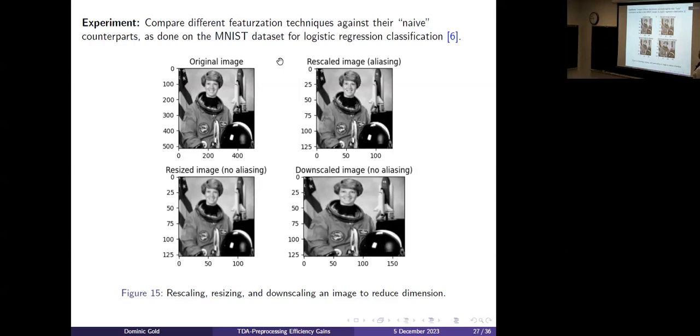We compared different featureization techniques against their naive counterparts, which has actually been done on, as you can imagine, the very well-studied MNIST data set, right? Everyone uses MNIST for logistic regression classification. So why do we choose that? One, MNIST is very well studied, so it's not off the beaten path to also study that data set.